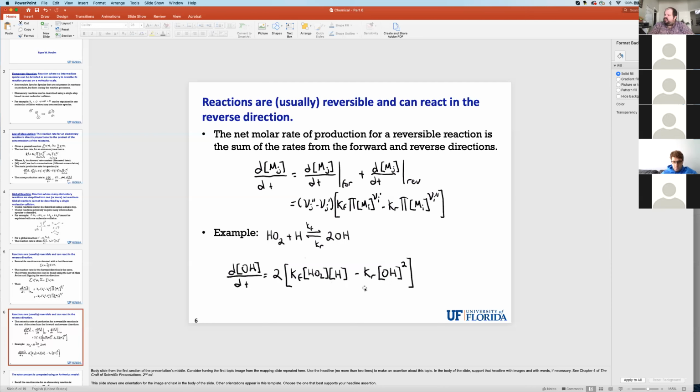And then in the reverse direction, we have two hydroxyl molecules, so the stoichiometric coefficient for that is 2. And so we're going to take the concentration of hydroxyl and raise it to the 2nd power. So again, we are just applying this formula here. Are there any questions with this so far? Okay.